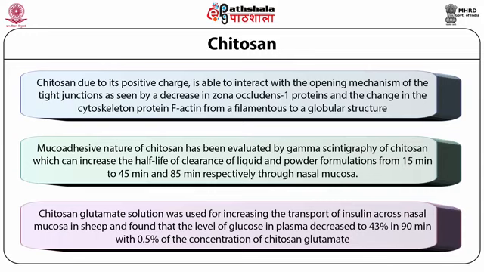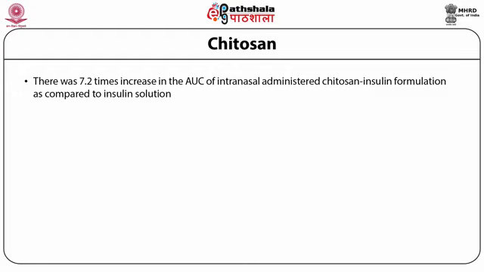It was found that the level of glucose in plasma decreased to 43% in 90 minutes with 0.5% concentration of chitosan glutamate. There was 7.2 times increase in the AUC of intranasal administered chitosan insulin formulation as compared to insulin solution.